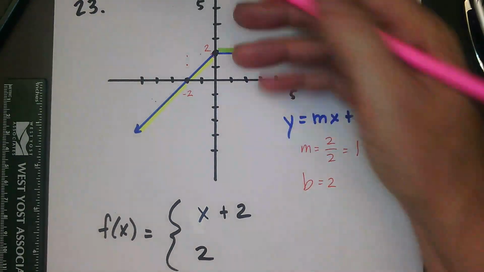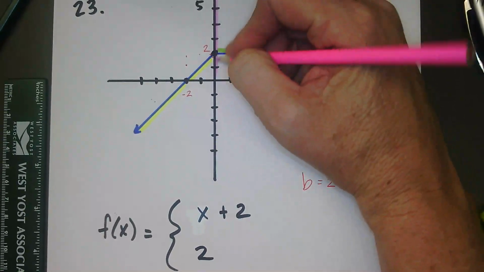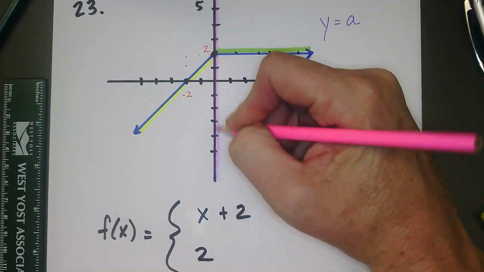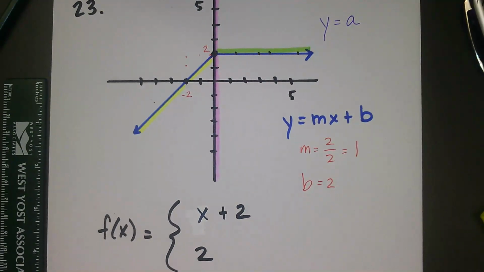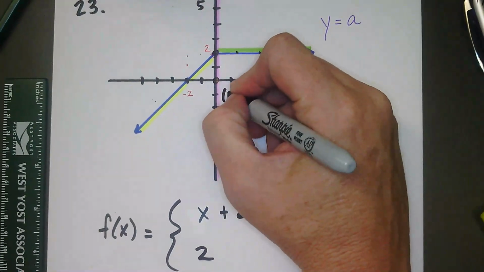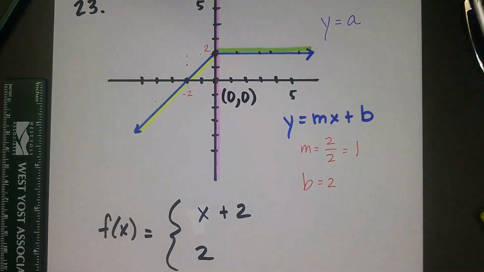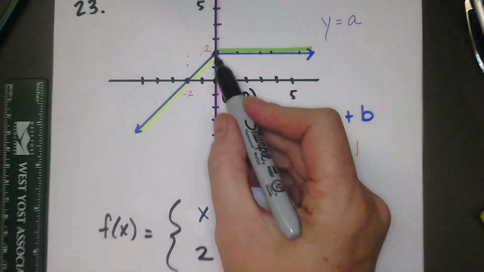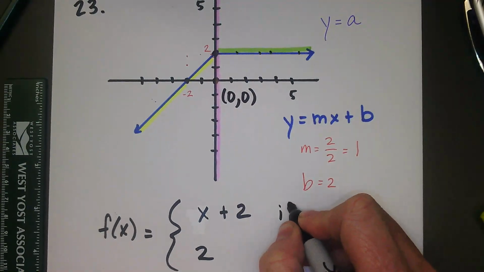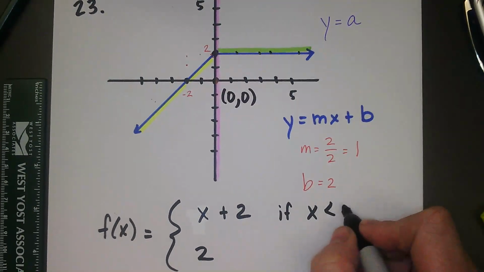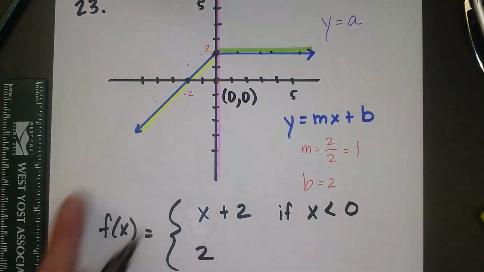Well, if I'm looking at this guy, I can see that the split happens here at the y-axis. The y-axis is the location where x is equal to 0, right? This right here is the origin. It's where x and y both are 0. So to the left of the y-axis, to the left of x equals 0, so if x is less than 0, then I'm going to use this line that I highlighted in yellow.